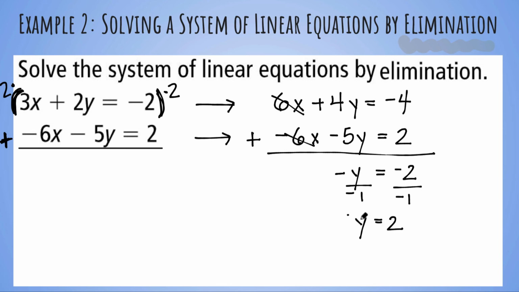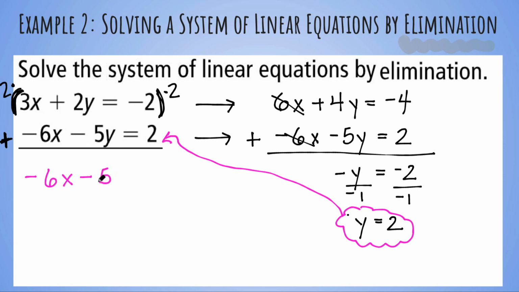To find the x, now we're going to substitute this value into one of our equations to solve for x. Let me use this second equation. I have negative 6x minus 5 times y, and we know y is 2, and this is equal to 2.